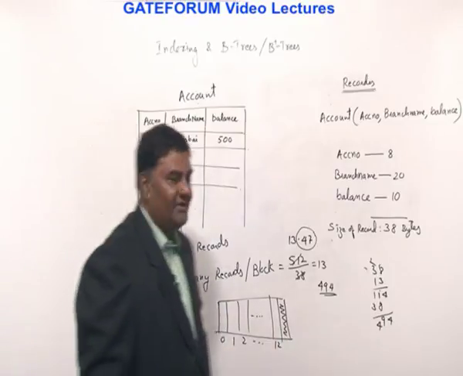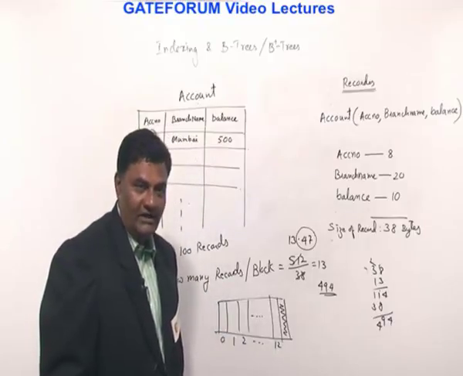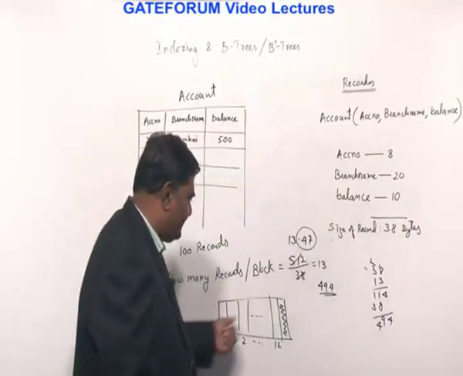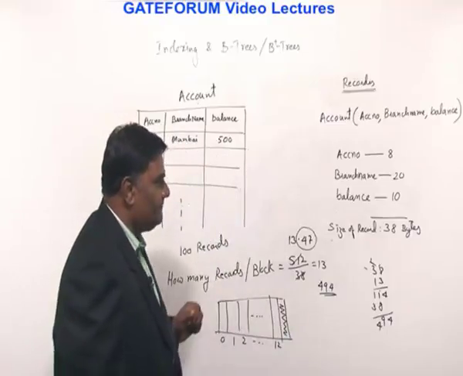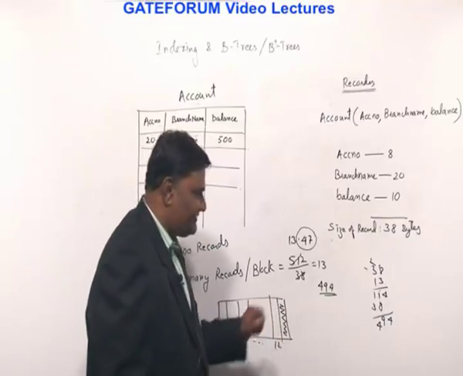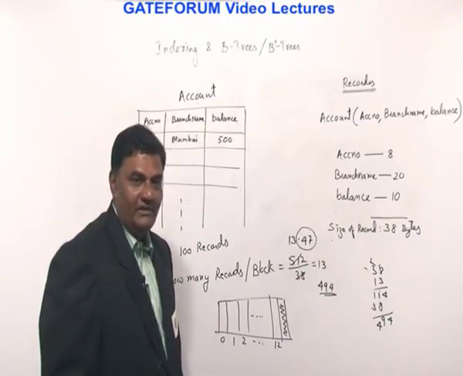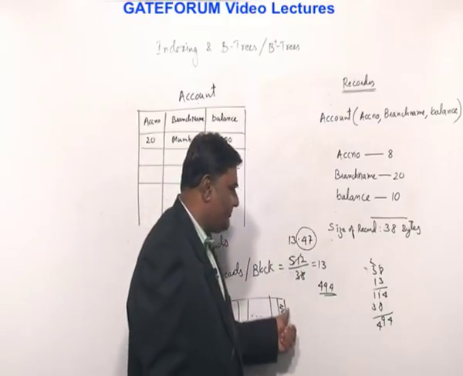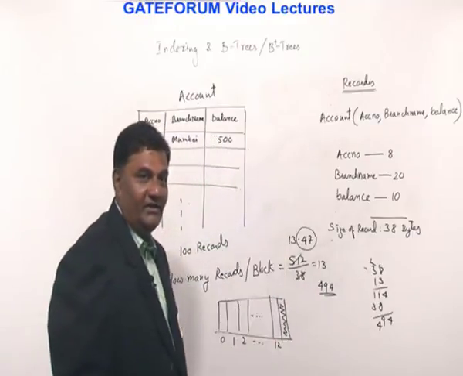Usually you will have some space left over in a block, right? I have not taken a figure that is exactly dividing 512. If I take that, then the space will not be left over. So in this one, total 13 records are kept and some space is left. I just now have shown you that in every block you may require some space left over for having a pointer. So yes, the remaining bytes of memory can be used for block address, that is showing the address of the next block.